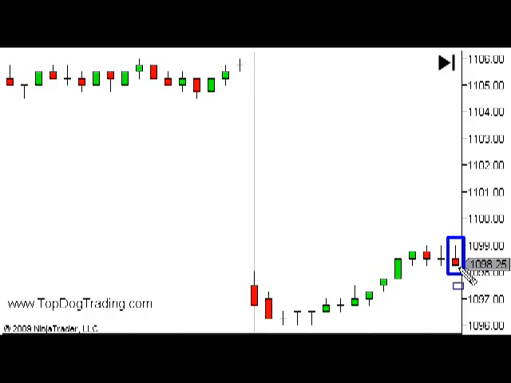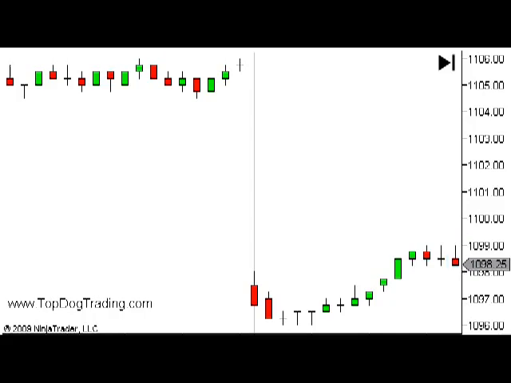In market profile terms, that's representing a rejection of value, meaning that the market attempted to go and close up here, but rejected these higher prices and finally came down and closed at the low of the range, and that's considered a bearish pattern.